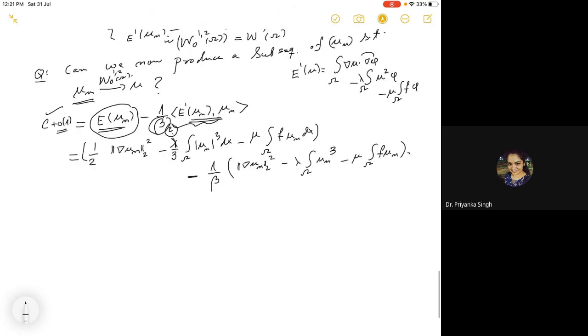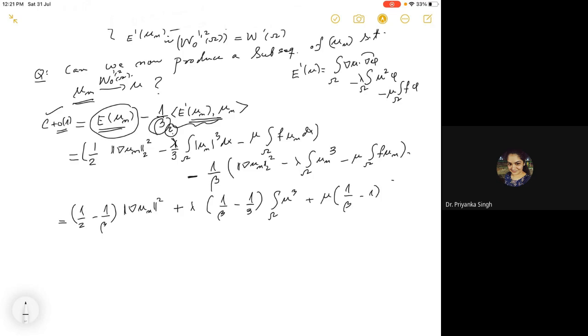Okay, so what we have is half minus 1 by beta times this, alongside having lambda times 1 over beta minus 1/3 integral U cube, and then you have mu times 1 over beta minus 1 times integral F UN.